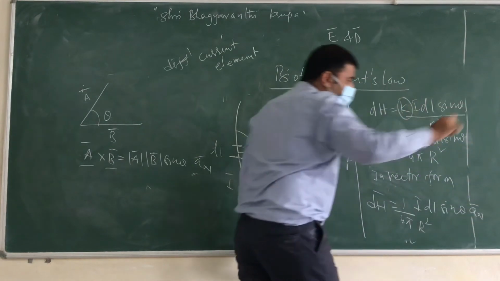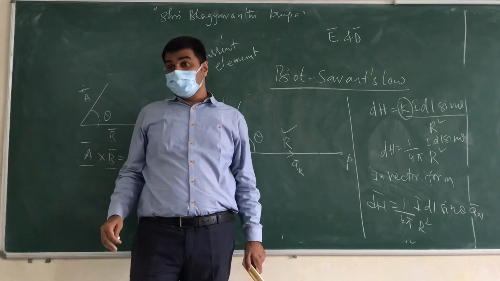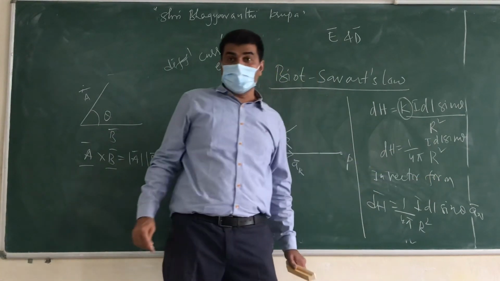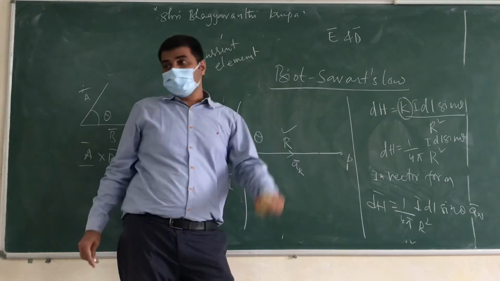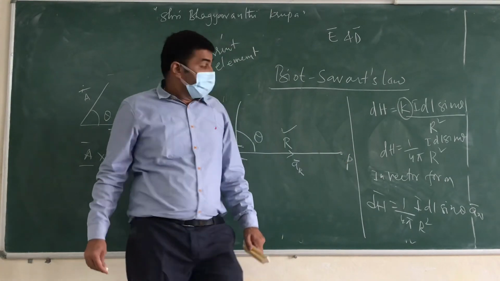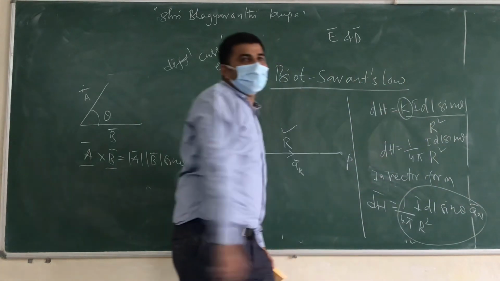What is An? An is a normal vector entering the board at the point. Okay? Now this I want to express in terms of this cross product.